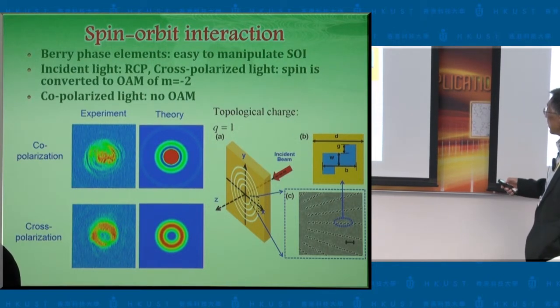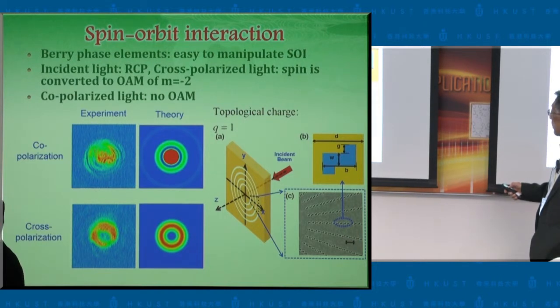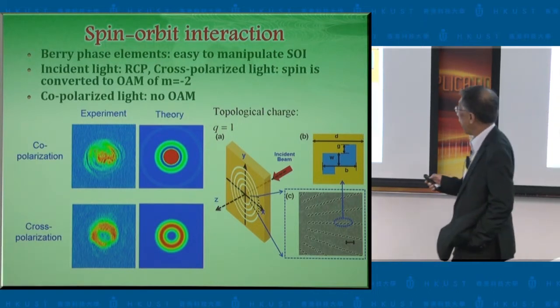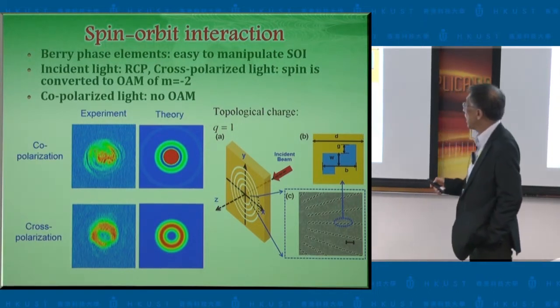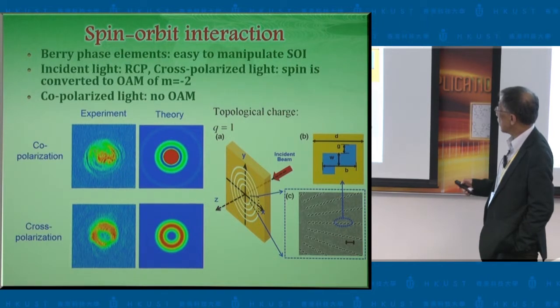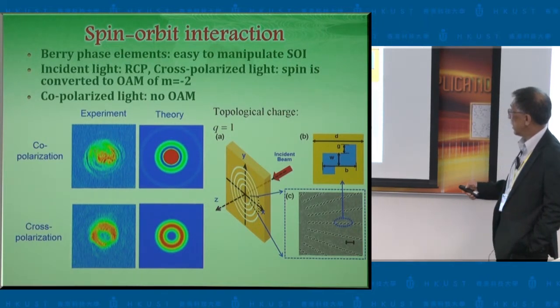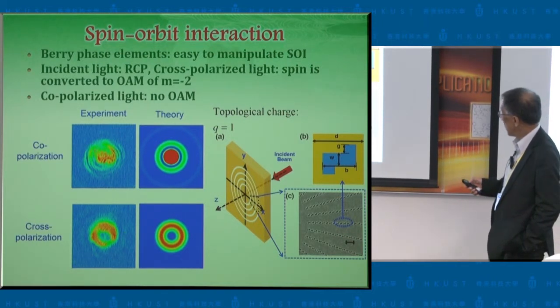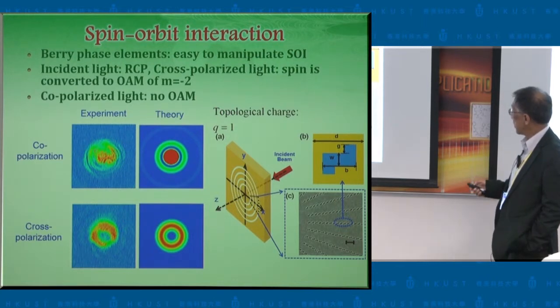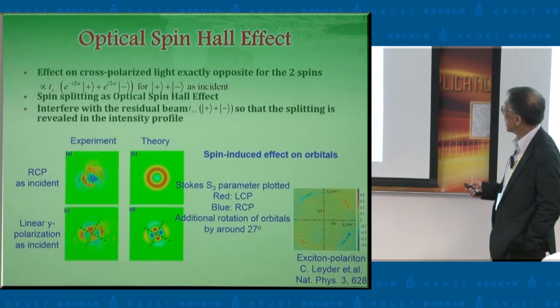So basically, we send in right-handed circular polarization, cross polarize, and that allows the spin to convert to OAM. If you do a copolarization, then you don't see any of the OAM here. The device's structure itself carries a topological charge of 1.